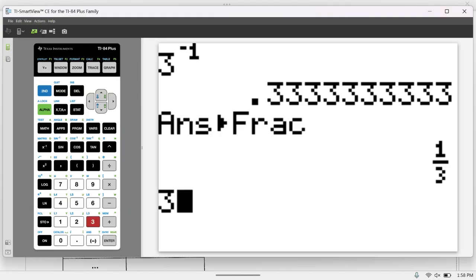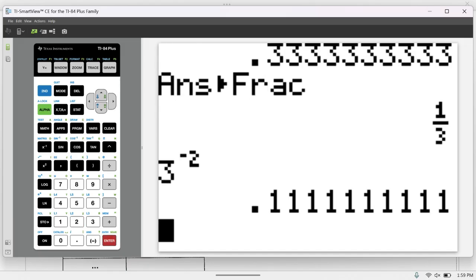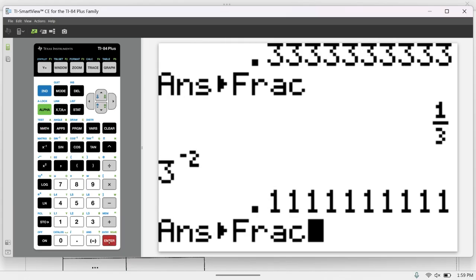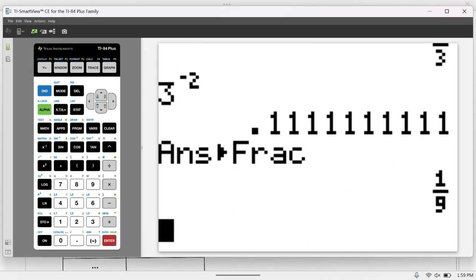So let's do it. So 3 raised to the negative 2. All right, make sure you're hitting the negative sign and not the minus. So you should get 0.1 all repeating, or as a fraction, math, enter, 1/9.